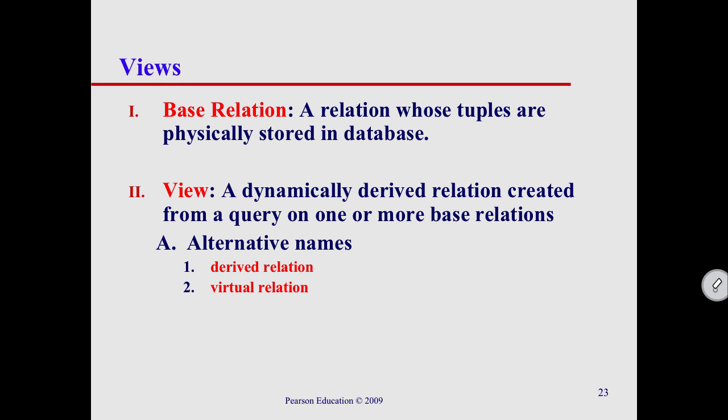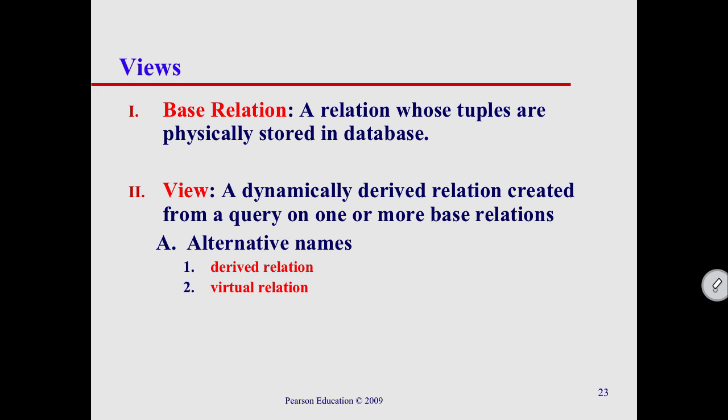We have what we call our base relations in the database. These are tuples that are physically stored in the database. They physically reside somewhere in the file system. We may want to create virtual relations, and those virtual relations are called views.